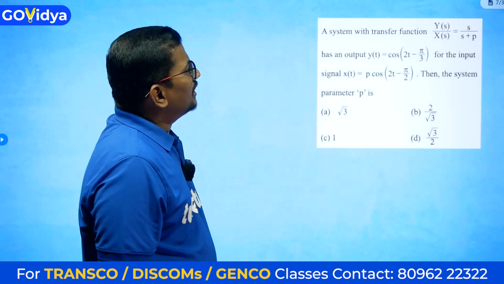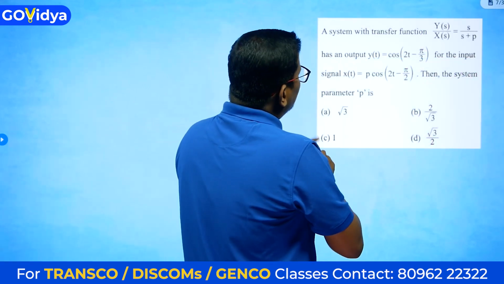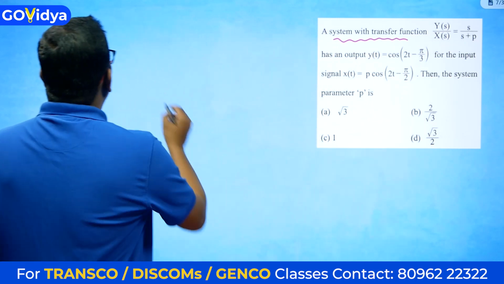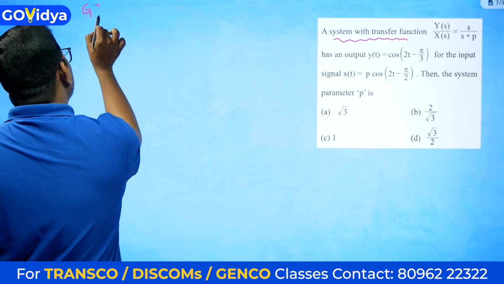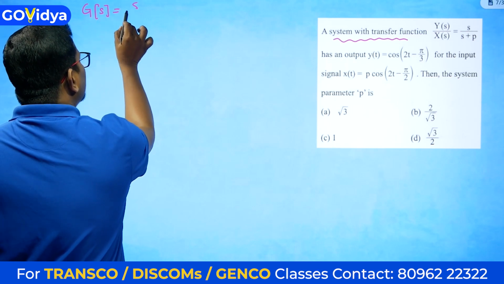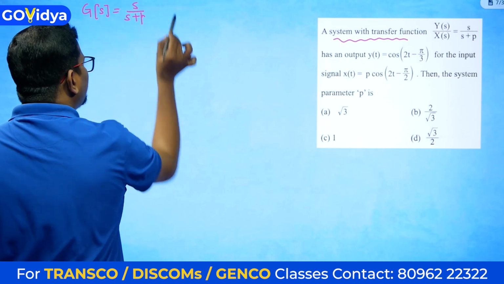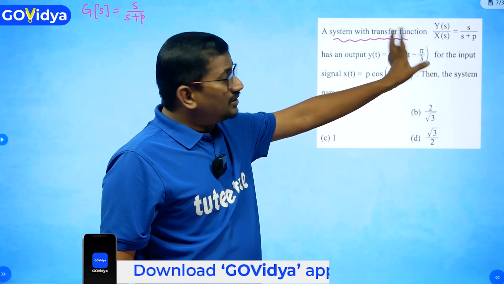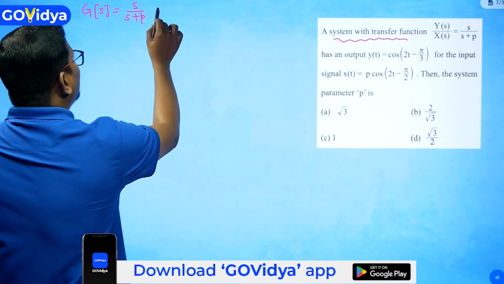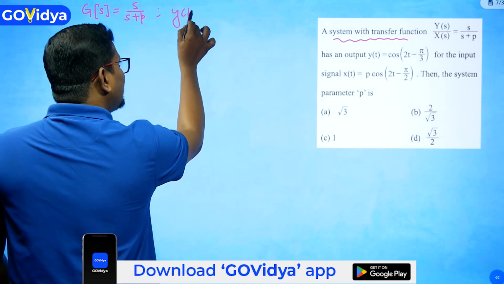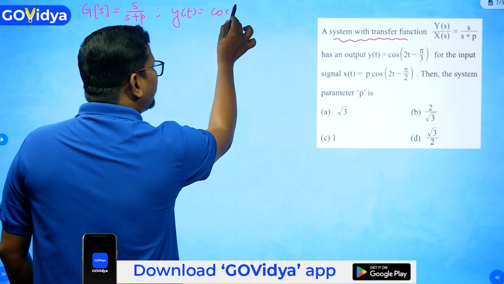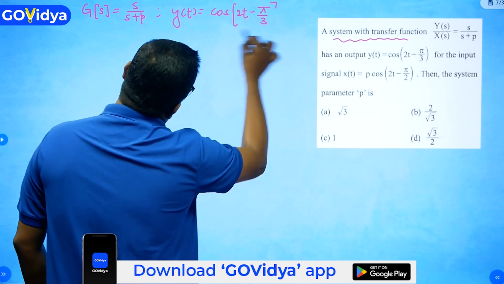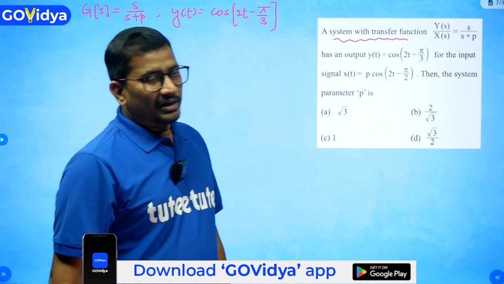In this question, you see a system with the transfer function given as s by s plus p. Let us consider the transfer function g of s equals s by s plus p. For this transfer function, they have also given the output directly. What is the output? Y of t equals cos of 2t minus pi by 3.